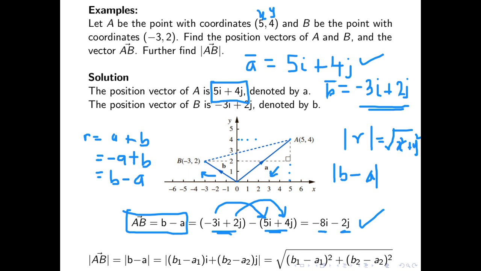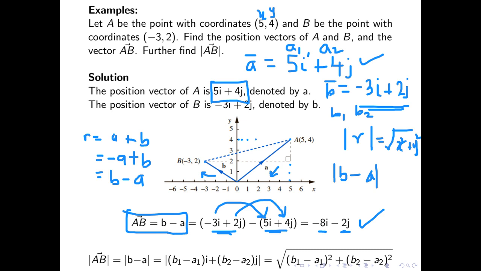That is why we are considering b1 and b2, a1 and a2. a1 is with respect to vector a. So from vector a, we're going to have a1, we're going to have a2, okay? And with respect to vector b, we will have b1 and b2, all right?